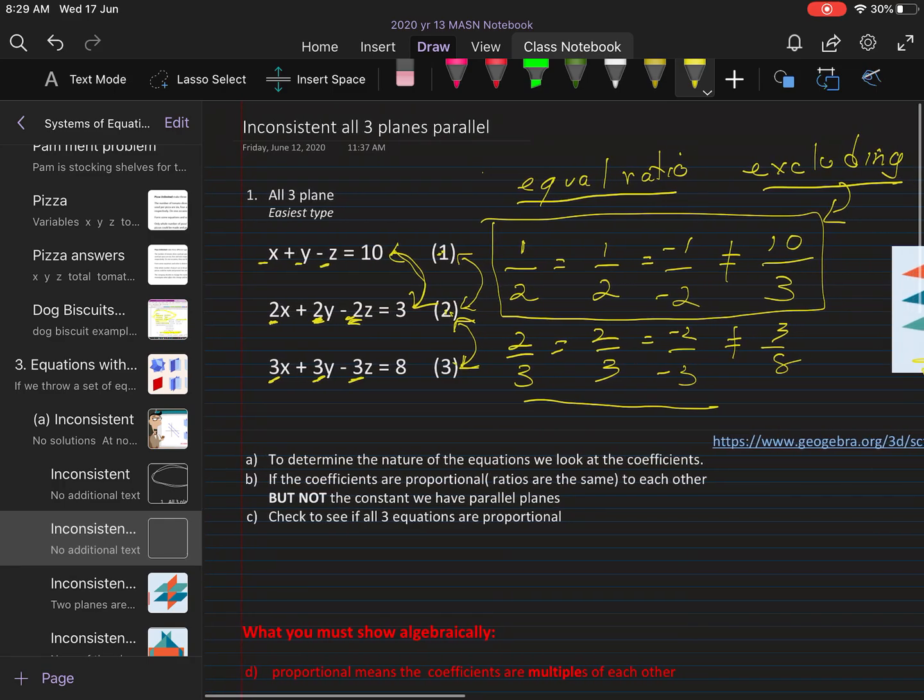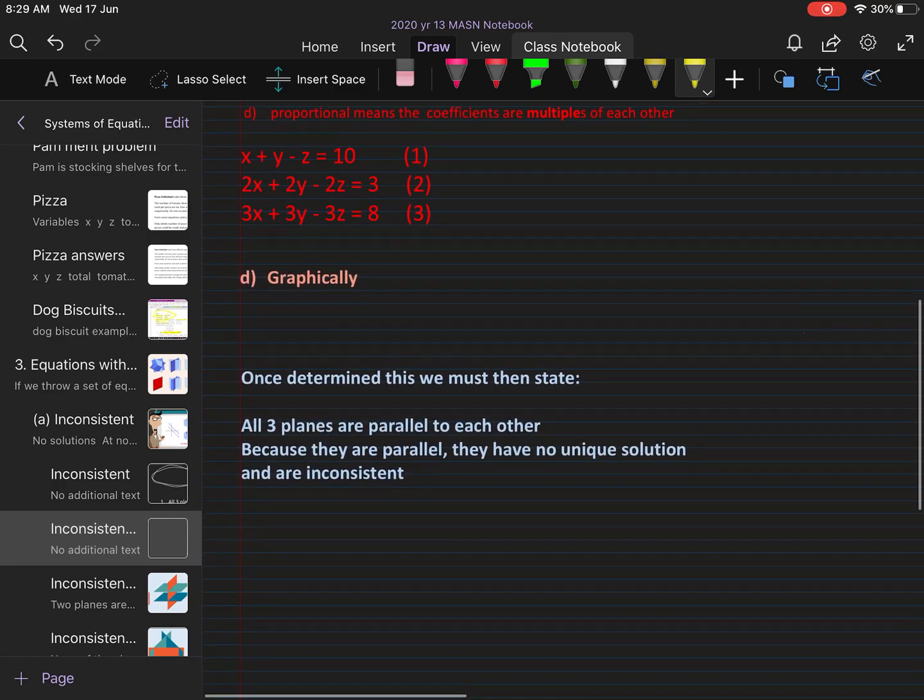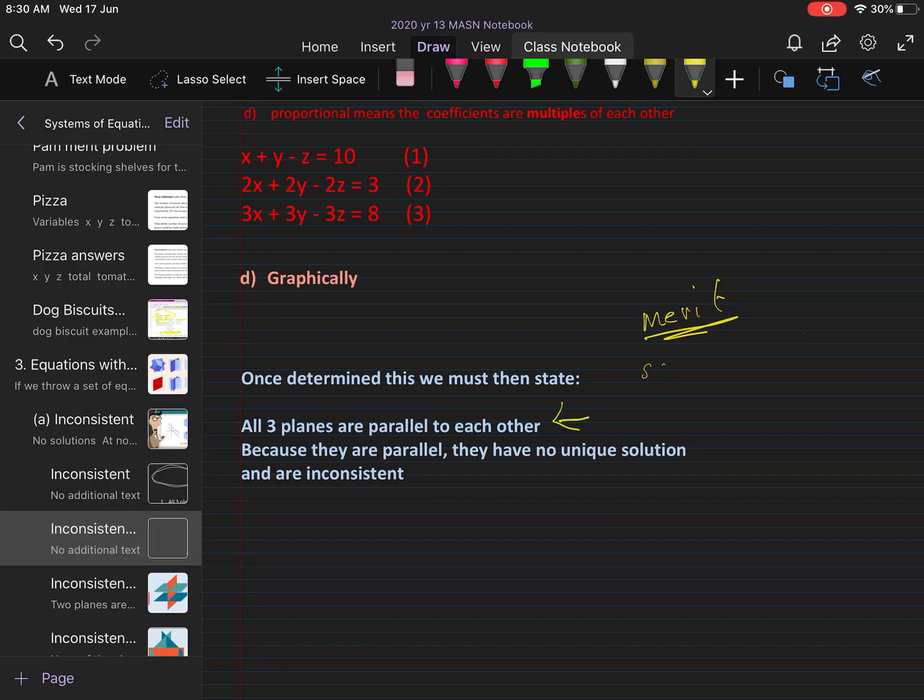If we bypass the algebra, the statement you would have to make at merit level is, first of all, that you have no solution and an inconsistent system. All three planes are parallel. We've discovered that through their proportions, the ratios, and the constants are not involved in that.